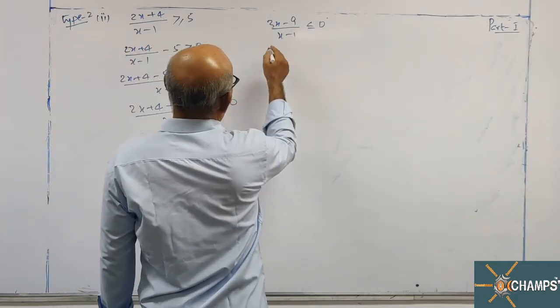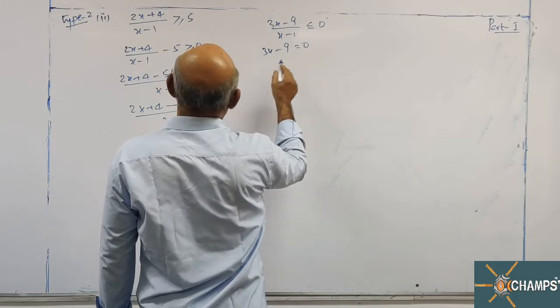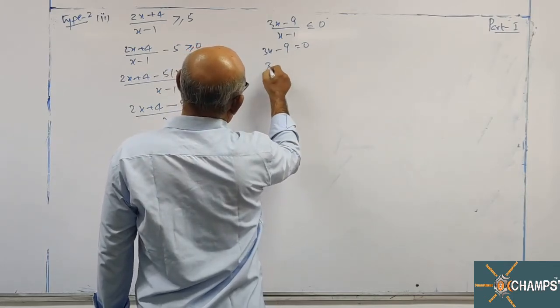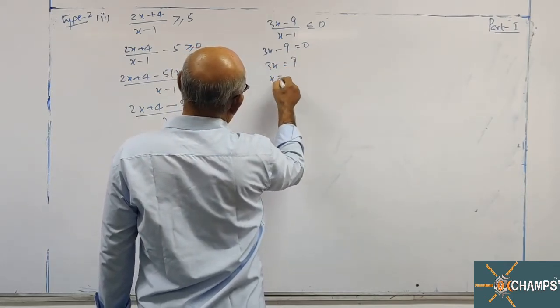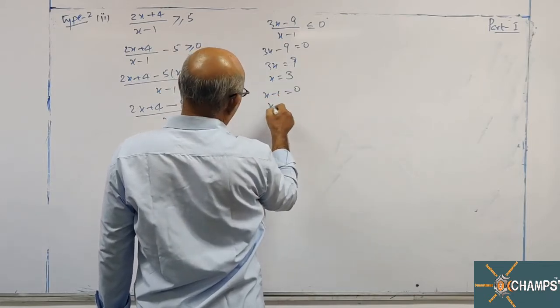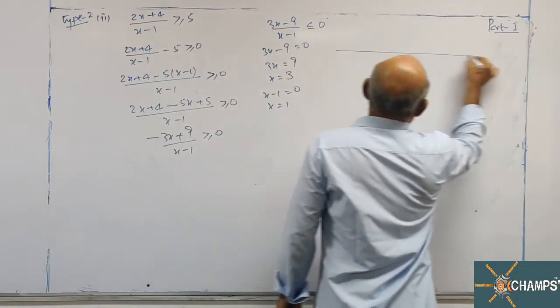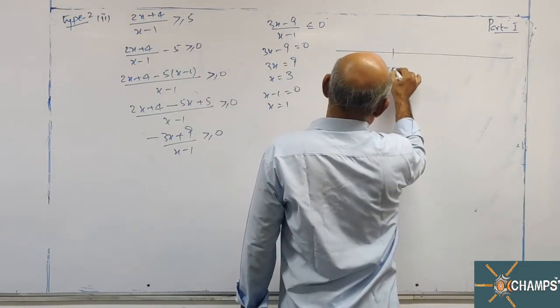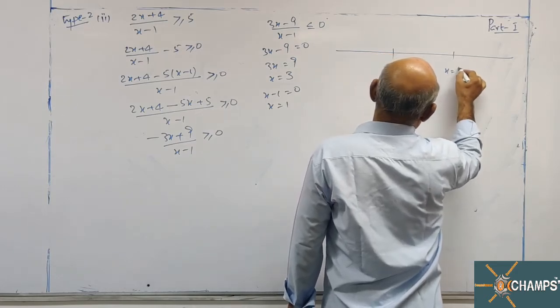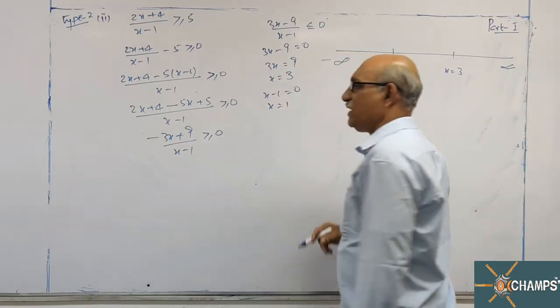After reaching this step, equate the numerator separately to 0. So 3x is equal to 9, x is equal to 3, and x minus 1 equal to 0, x equal to 1. This is x is equal to 1, this is x is equal to 3. This is plus infinity, minus infinity.